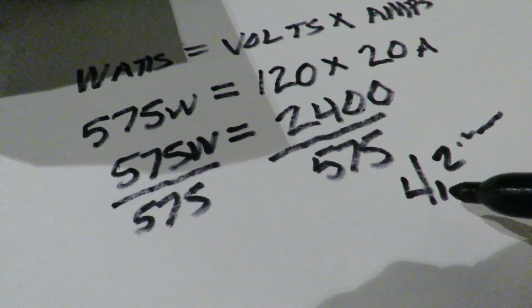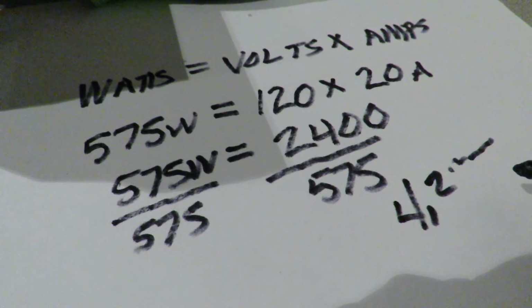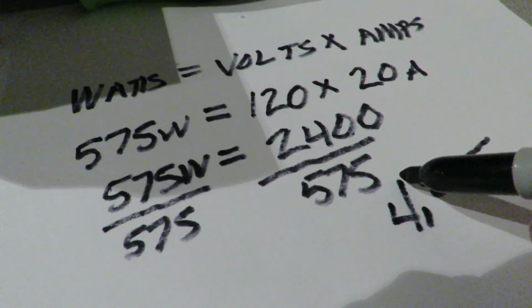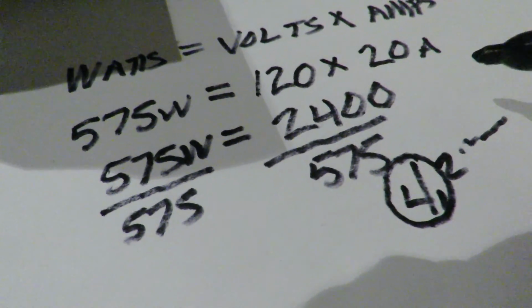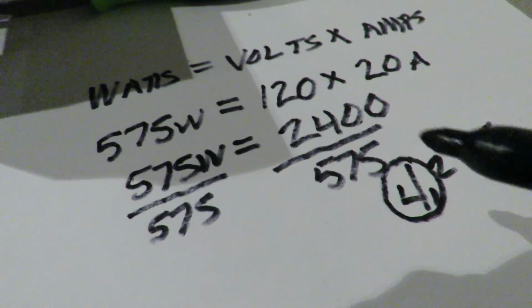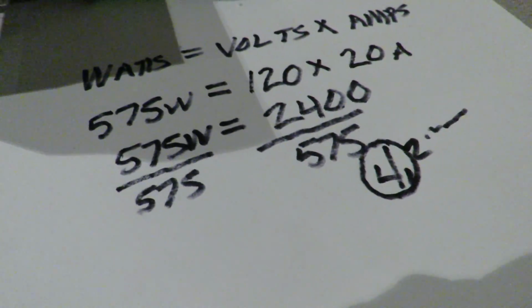But you can't have a 0.2 something something something of a light bulb. So what this is telling you is that 4 fixtures with 575 watt bulbs in them can be plugged into one circuit.